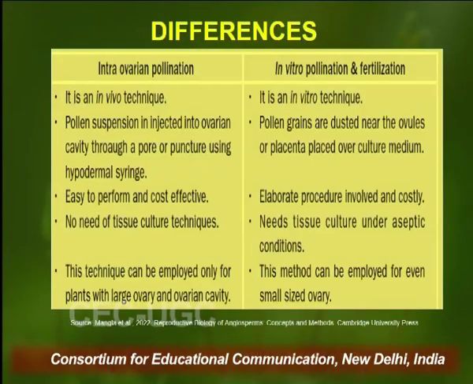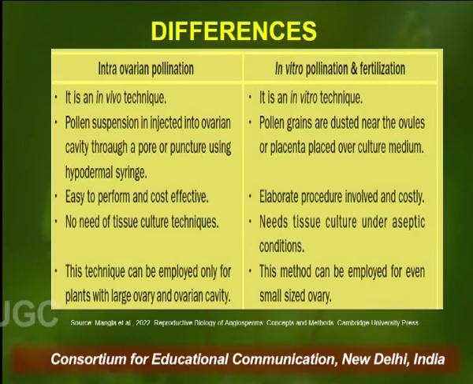Now, I have talked to you about intra-ovarian pollination and also in vitro pollination and fertilization. The intra-ovarian pollination does not require any kind of tissue culture setup or aseptic conditions, whereas in vitro pollination and fertilization requires these tissue culture techniques.